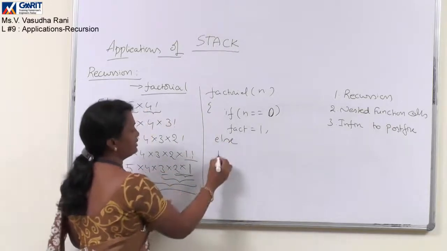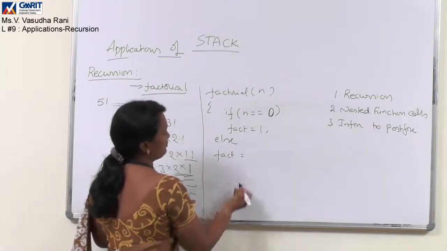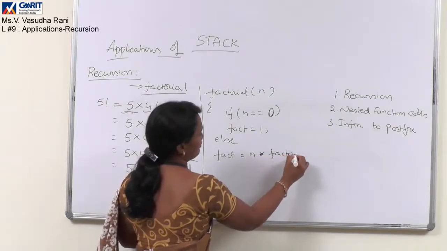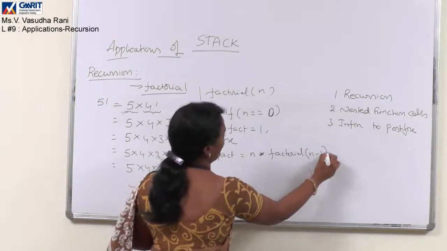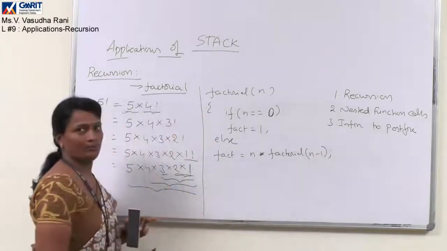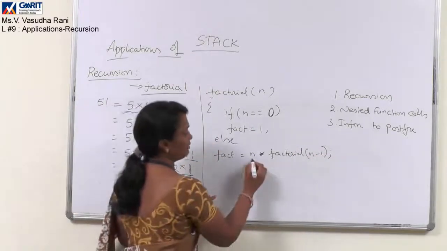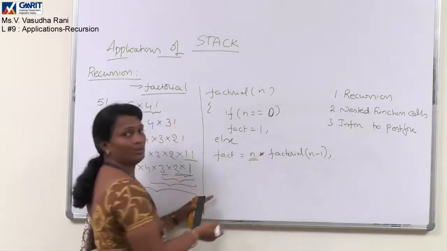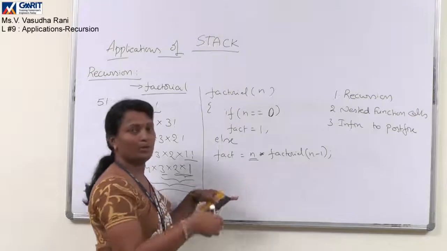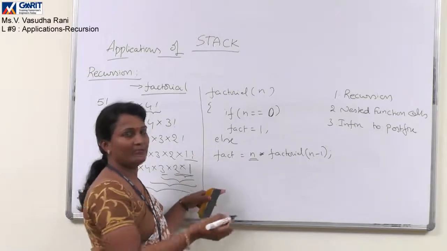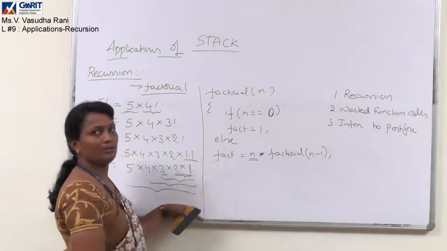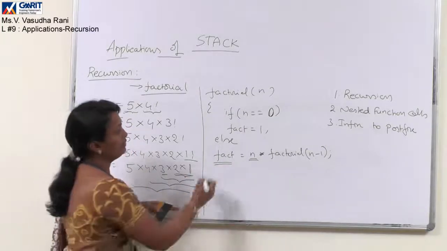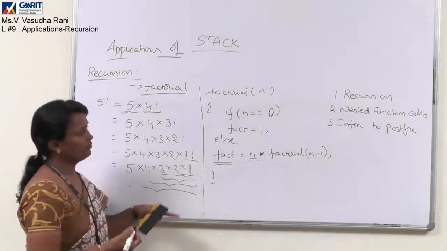Else, I have to define the recursive procedure: fact equal to n into factorial of n minus 1. Every time we have to catch the coefficient part of this recursive function call and put it into stack, and finally we have to multiply all of that so that we can get the final value of the factorial. So this is the code.